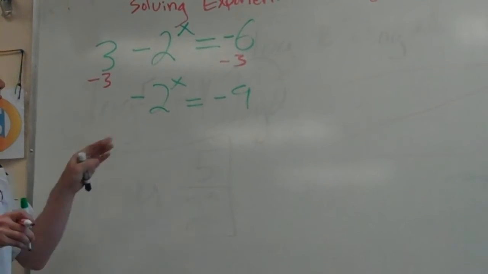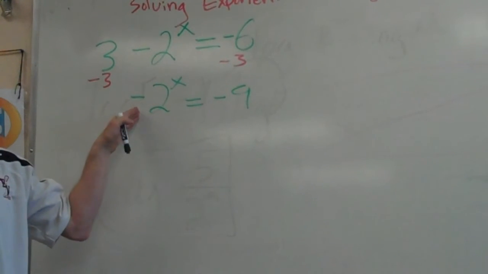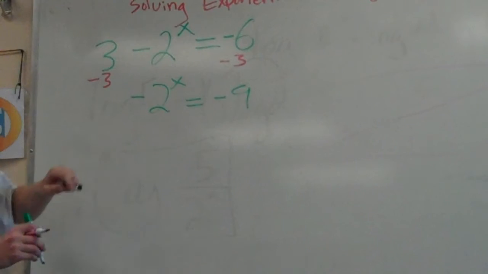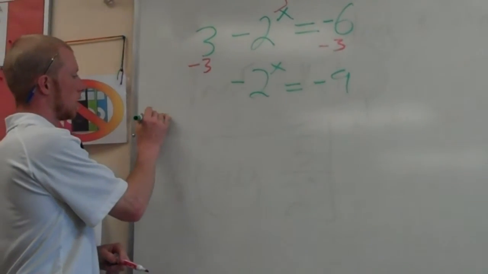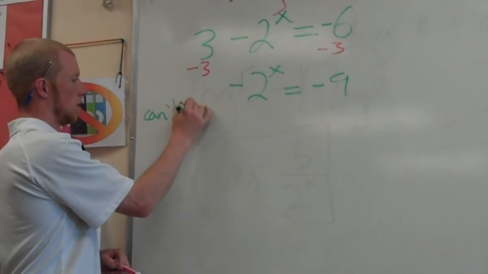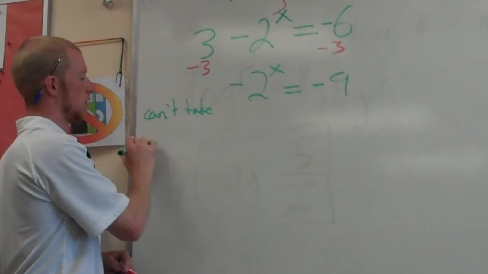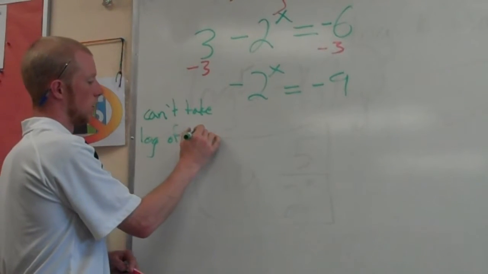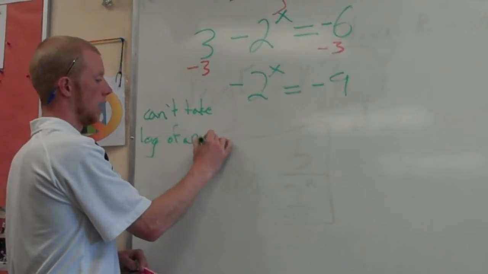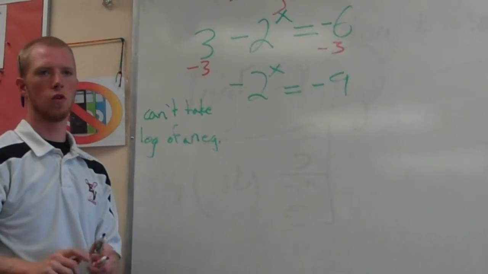A lot of times people will be tempted to rewrite it in logarithmic form here, but a rule that we need to talk about is that you can't take the log of a negative. Okay?